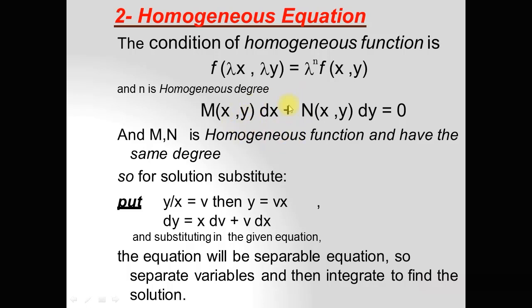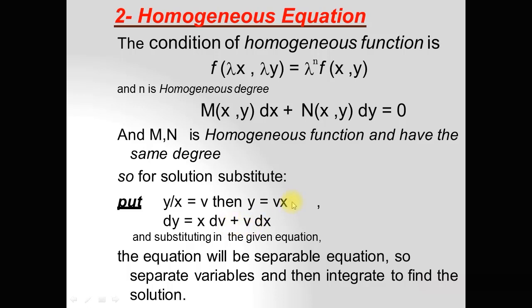And for the solution of a homogeneous equation, first of all, we write the function in the form of y by x, then substitute y by x is equal to v, then y is equal to vx, and dy is equal to x dv plus v dx.